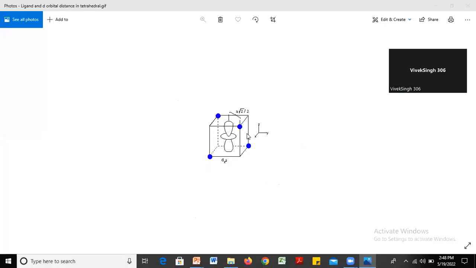Here we are able to see the d-z square orbital, and these are the ligands that are approaching along the alternate corners of the cube.